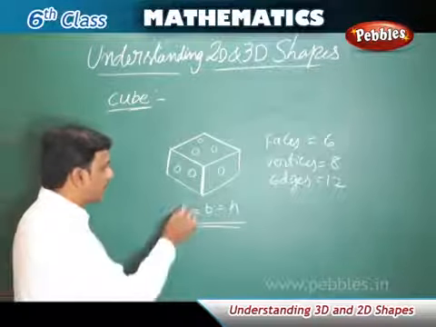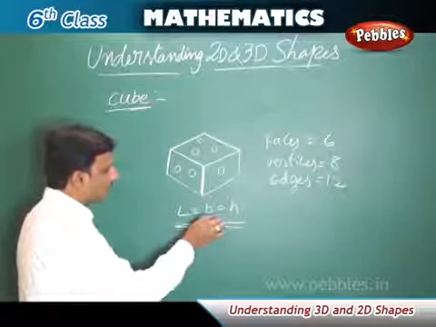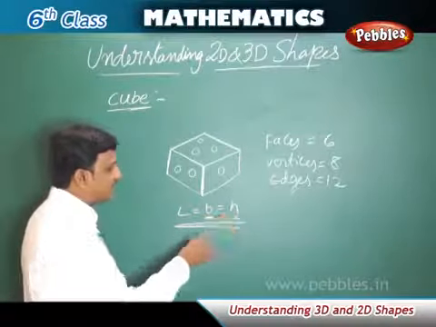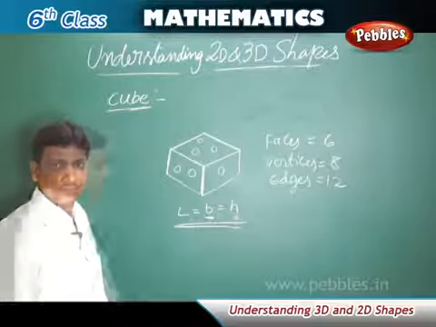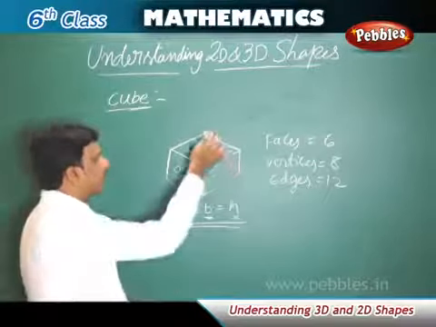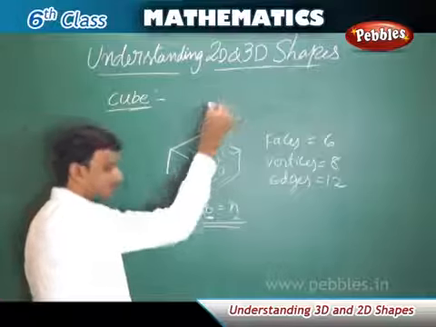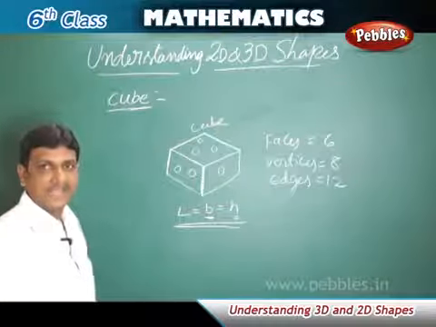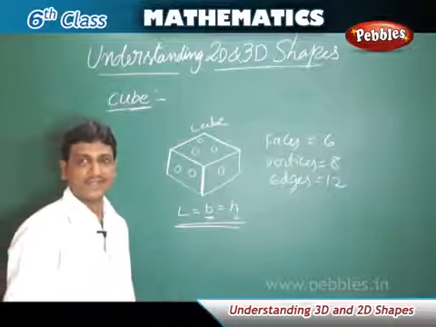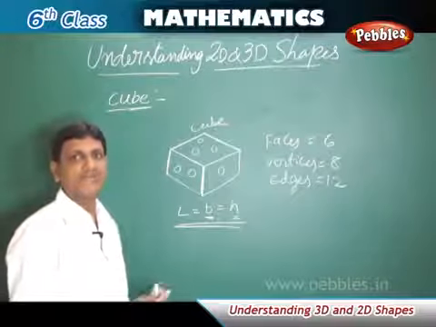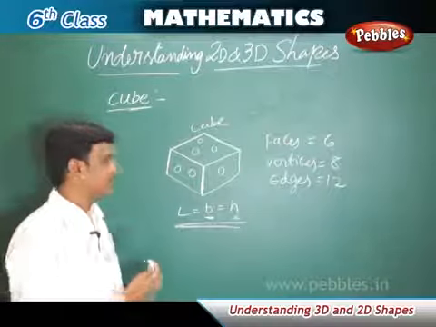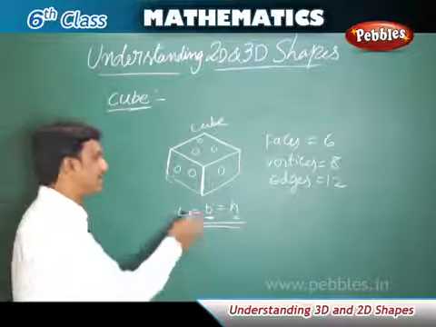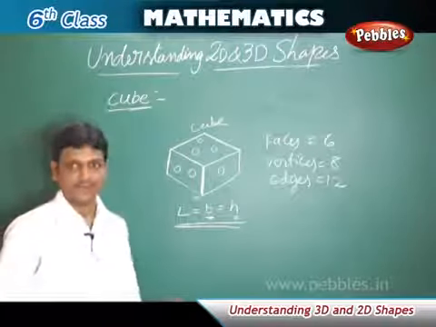The length of a cube, the breadth of the cube and the height of the cube are equal. When they are equal, then only it is called a cube. Whereas in the case of a cuboid, the length, the breadth and the height are of different values. That is the main difference between a cube and a cuboid.